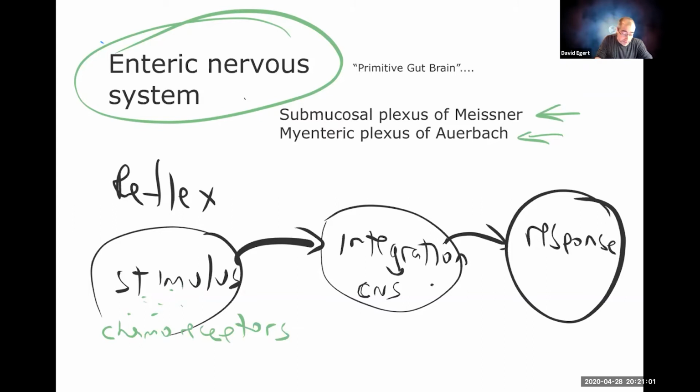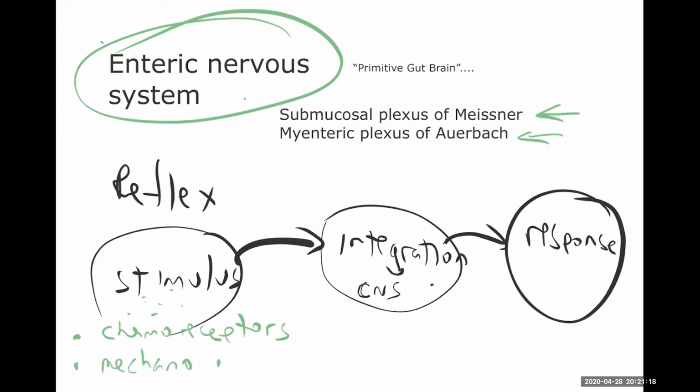What other kind of receptors are we going to need to run digestion? Mechanoreceptors. Yeah, mechanoreceptors. Stretch receptors. I know that it's time to do something because my stomach just got all stretched out because there's food in there now.